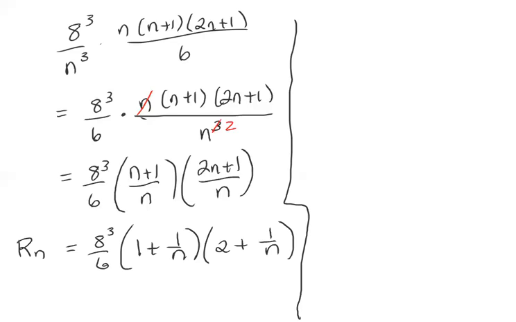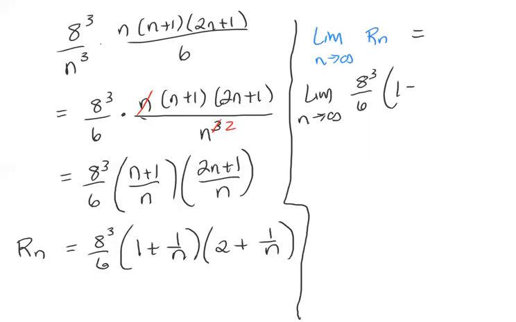Okay, so now that I've written it like that, I'm going to bring back the limit. The limit as n approaches infinity of Rn, which is what we were trying to find, is equal to the limit as n approaches infinity of 8 cubed over 6 times 1 plus 1 over n times 2 plus 1 over n, which is equal to that constant term I can bring out front, 8 cubed over 6 times, I can bring limits inside of the parentheses.